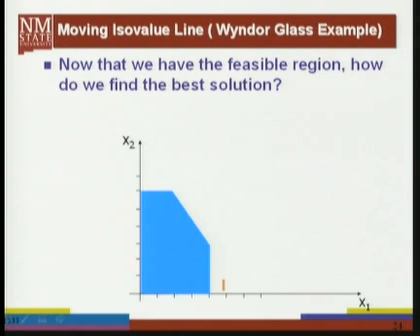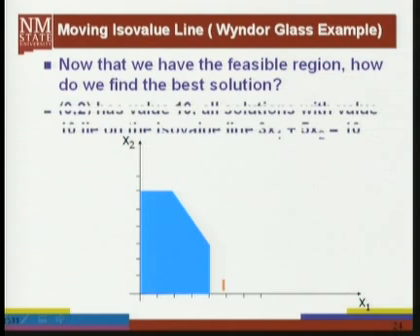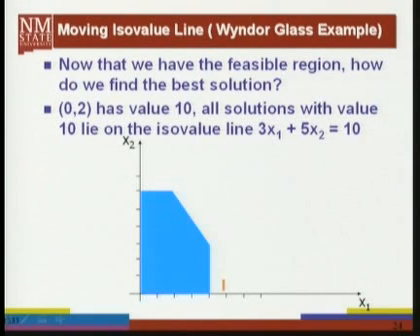So just arbitrarily, we have chosen (0, 2), okay? So for the point (0, 2), the corresponding z-value becomes 10, which means (0, 2) lies on the isovalue line, which is z equals 3x1 plus 5x2 equals 10, okay?